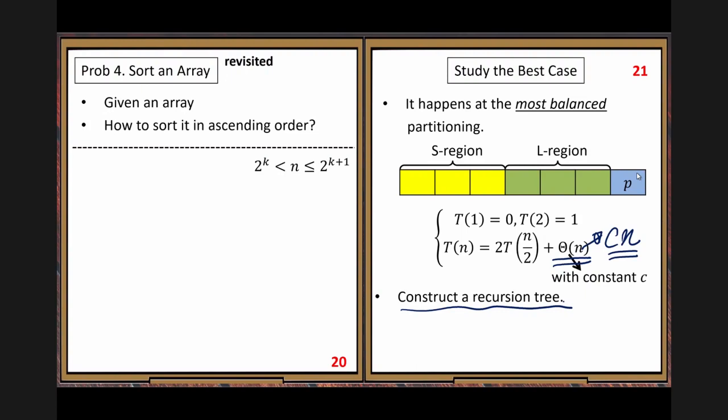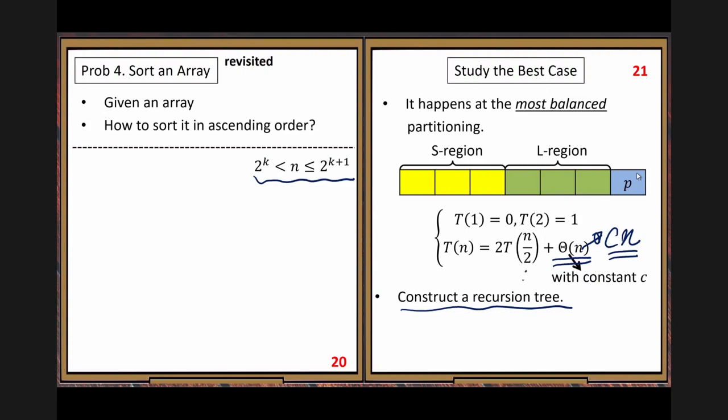When we draw a recursion tree, we need to know how many levels we have in the recursion tree. With this inequality here, we want to estimate the number of levels, because we keep splitting.